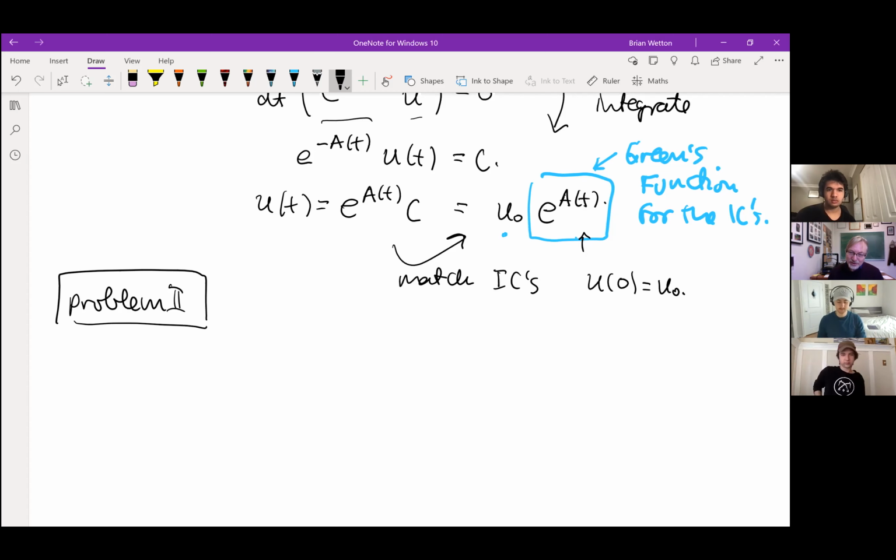And this is what DuHamel's principle is. It basically says, once you know how the solution to the initial value problem behaves, then you know how the solution to the interior forcing problem behaves. It's just an integral of what you found before. And this is a very general thing, again, only for linear problems. Okay, so here I've got no initial conditions, because I've already solved what happens with the initial conditions.